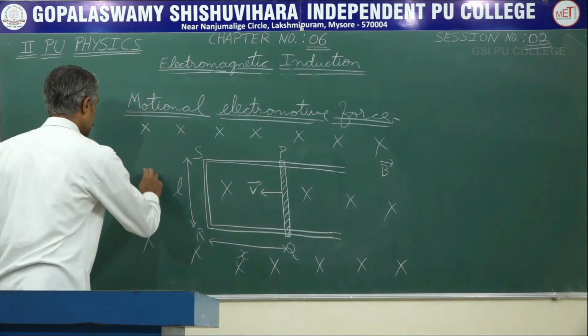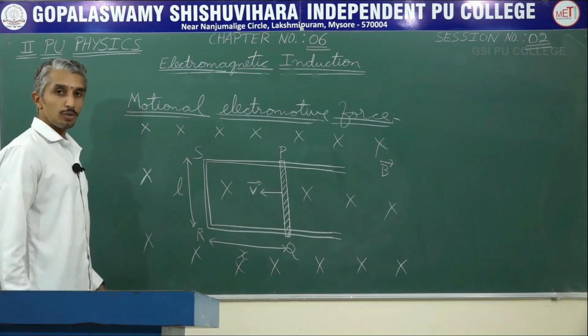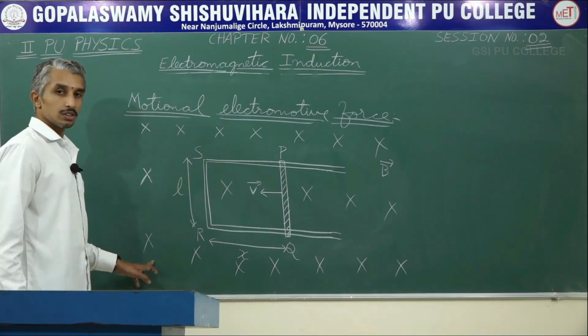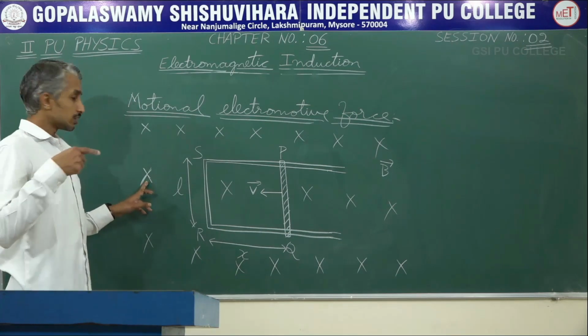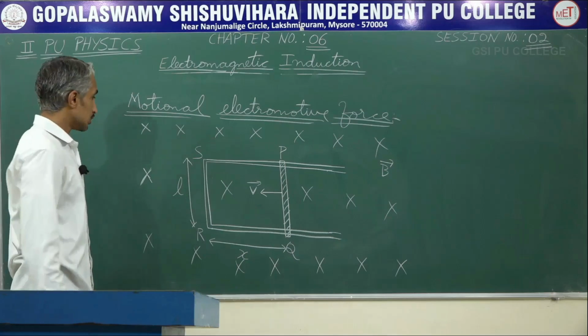The crosses here show a uniform magnetic field. The direction of the magnetic field is inwards, into the plane of the board.